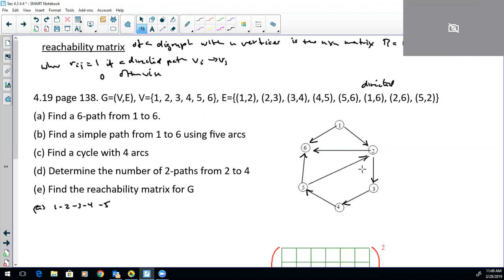So 1, 2, 3. Okay, so that's 4 edges. Now we go to 2 and then to 6. Okay, so 1, 2, 3, 4, 5, 6. So there's a 6 path.